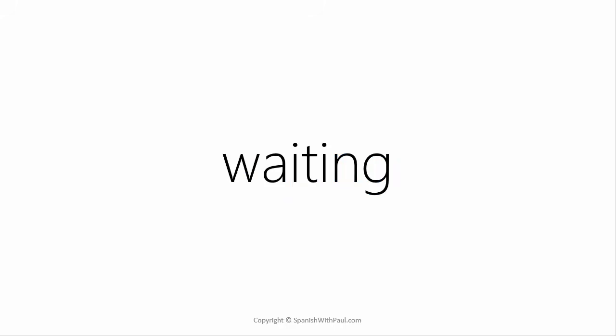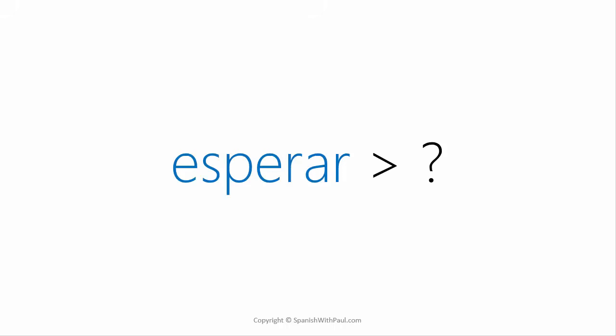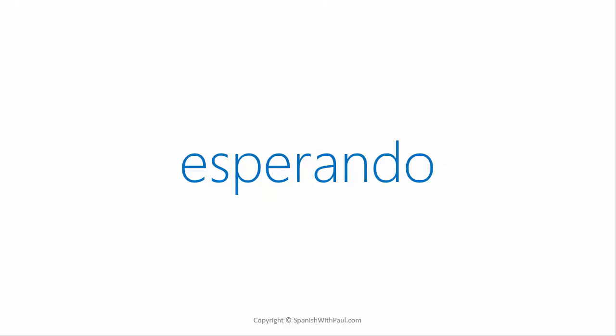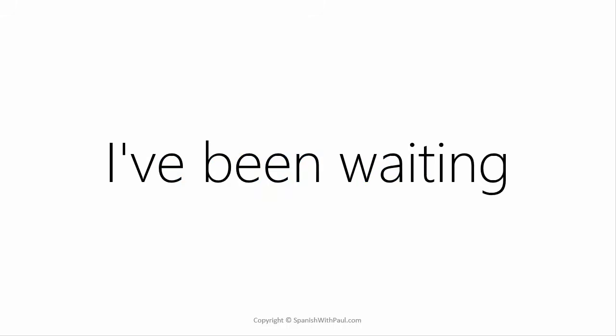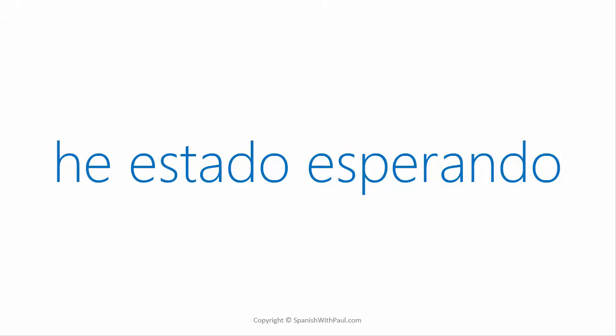Do you remember the verb to wait? Esperar. Now, to express waiting, what does esperar go to? Esperando. How would you say, I've been waiting? He estado esperando. Now try this one.